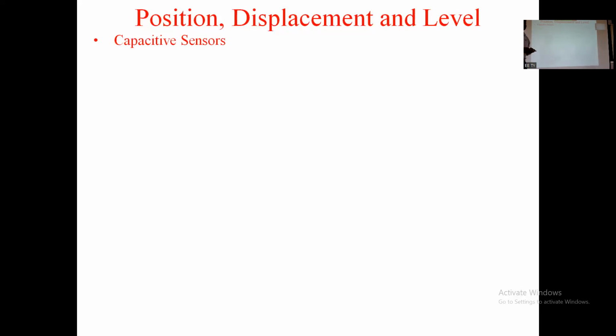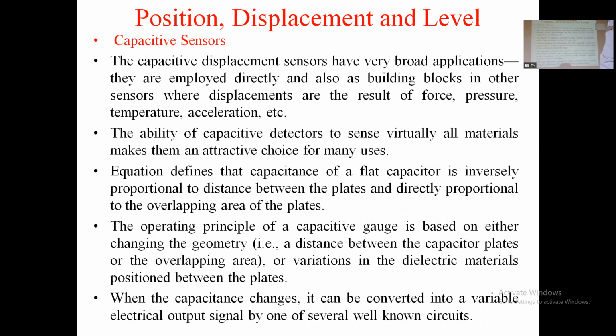So after the capacitive sensor, the most important sensors are LVDT and RVDT. That point we will discuss. Again, we are able to use inductive type of sensor as well as magnetic type of sensor to measure position and displacement. So these are the different types of sensor.